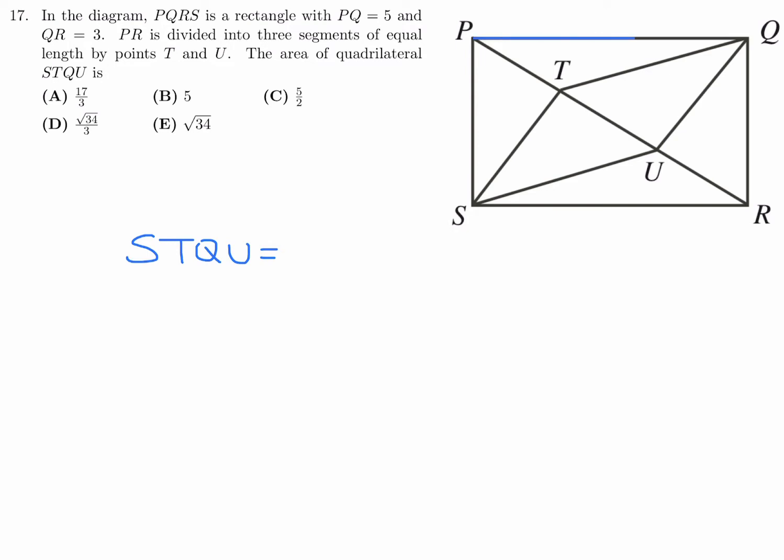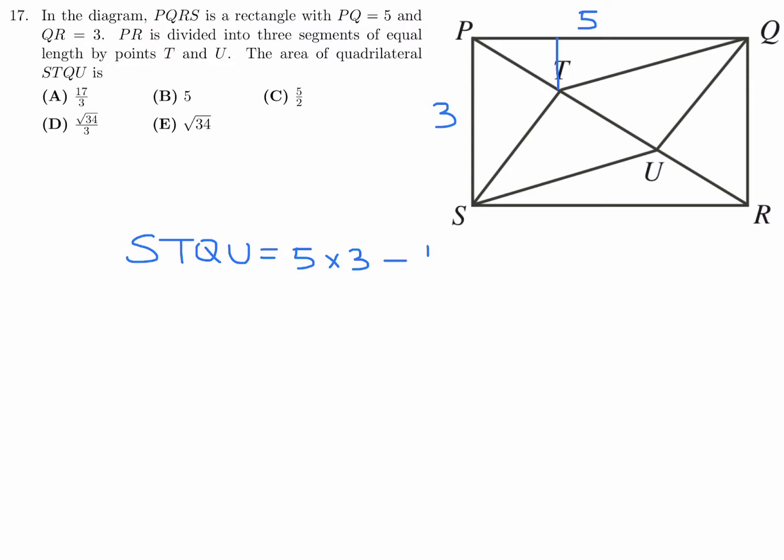First, you take the area of the entire big rectangle, and they've given us that it's 5 and 3 as the dimensions, so the area is 5 times 3. From that, of course, we have to subtract this triangle, that triangle, this triangle, and that triangle. If you subtract those 4 triangles, you'll be left with just STQU. So the first triangle is this one right here, and I'm just going to draw a height.